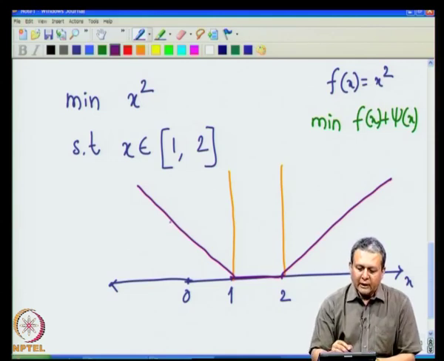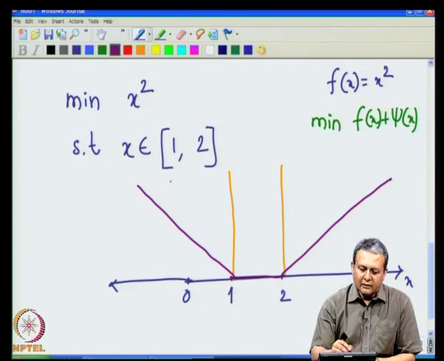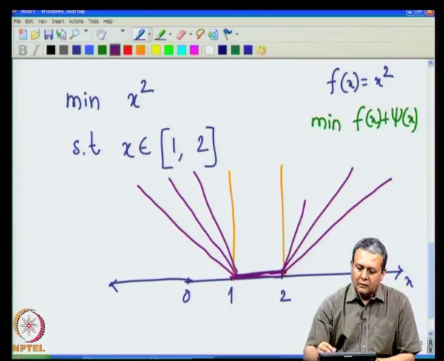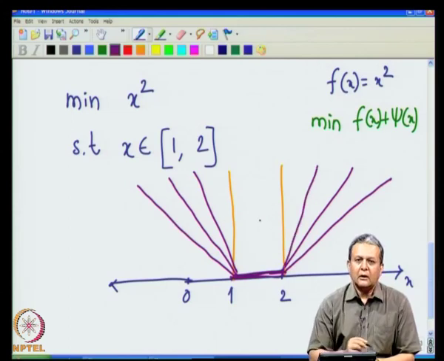So, what one can do is generate a sequence of functions which are continuous and which finally can be good approximations of the function psi x.